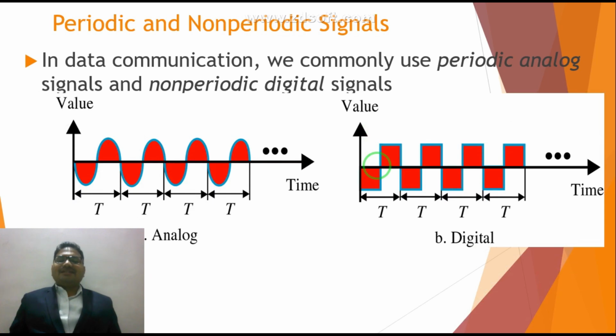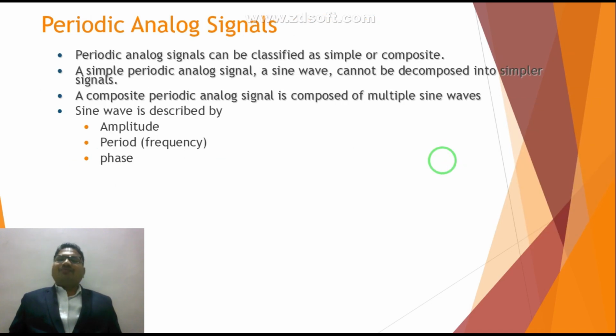Now this is the analog signal. You can see it is continuously varying with respect to time. And this is your digital signal, which represents positive logic, that is 1, and 0, which is represented by negative voltage. Now, what are periodic analog signals?